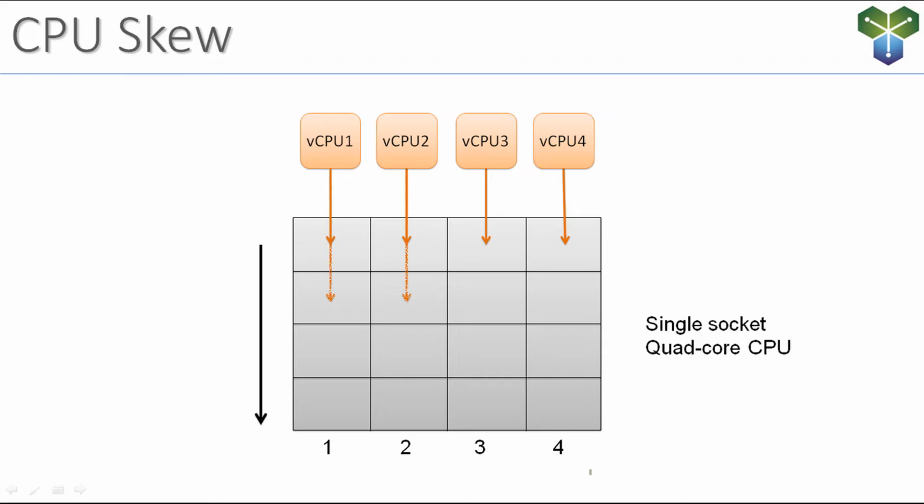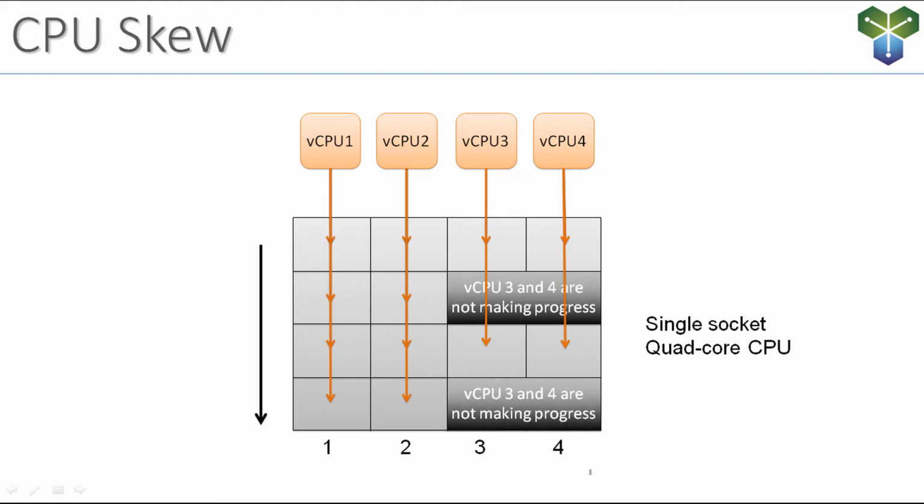But if the ESXi host is not allowing it to use the time slots for vCPU 3 and vCPU 4, those processors are going to start to get behind trying to execute those instructions. And if the difference becomes big enough, if a set of CPUs is making progress and another set of CPUs is not, this increases what we call skew, processor skew.